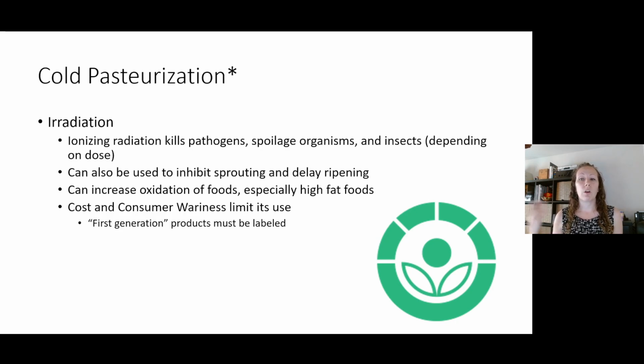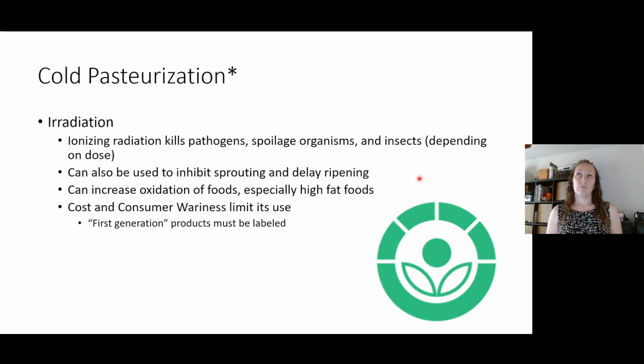So actually the most common irradiated food in the US is commercial spices. And that's exactly how it's used. They're irradiated before they get to a further processor, and the further processor is adding those spices to whatever food they are making, and then they don't have to label that.